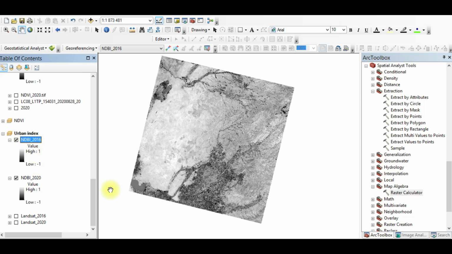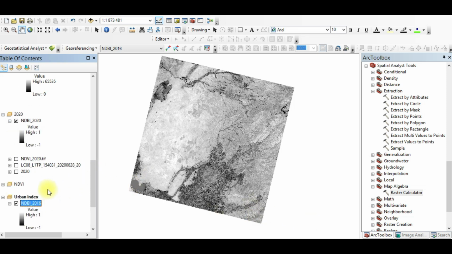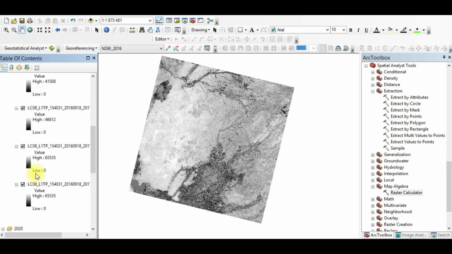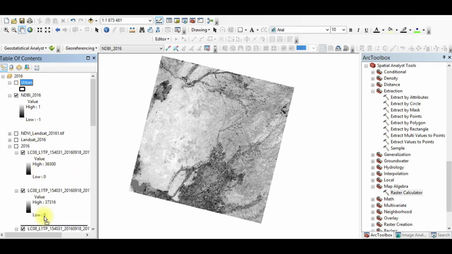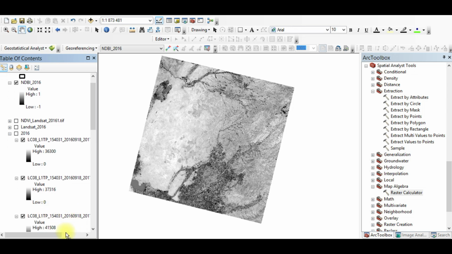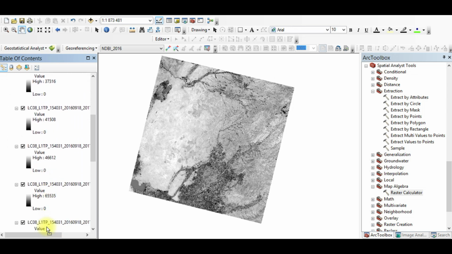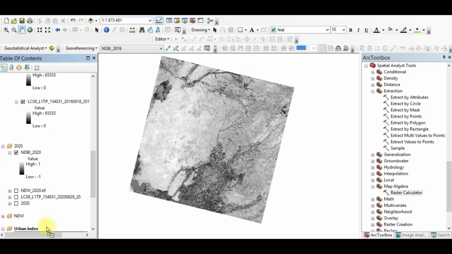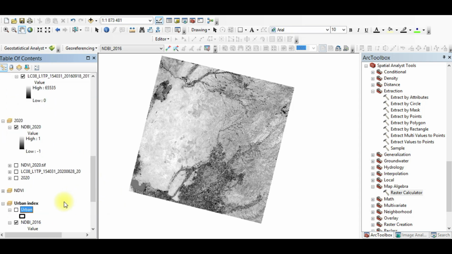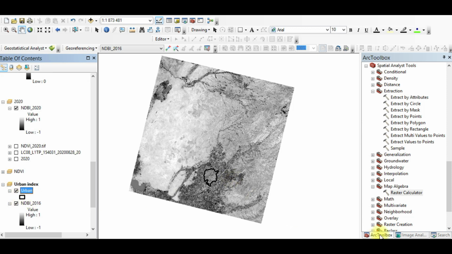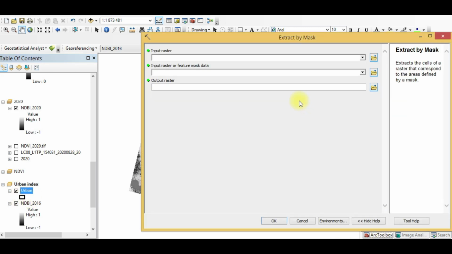And both of them are from -1 to +1, and let's extract areas of our interest, the small area agglomeration. Let's drag it to this place, to our data frame, and use the extract by mask tool.